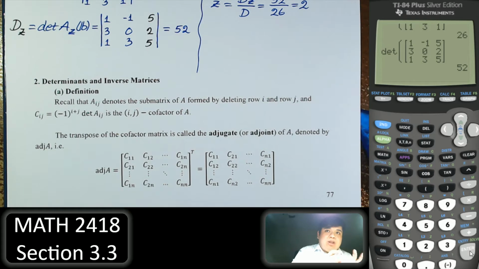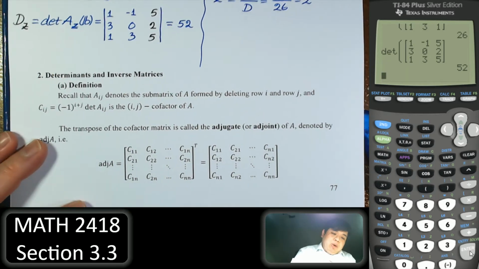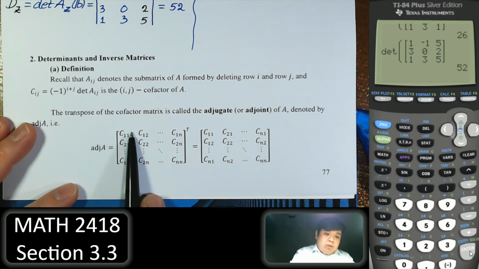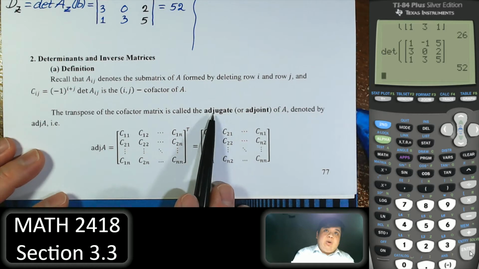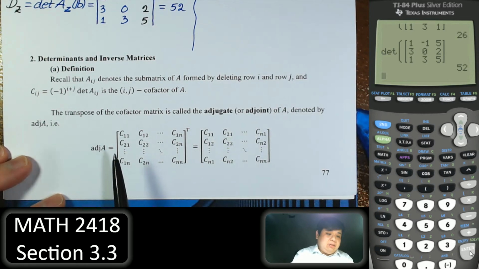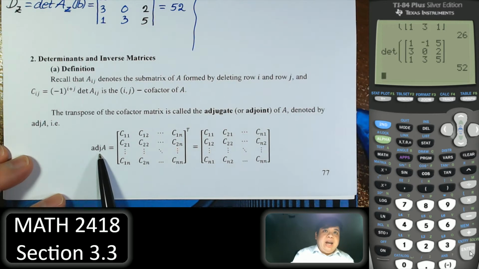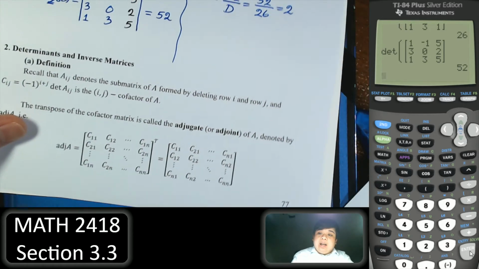So the signs will alternate positive and negative. That's how we define a cofactor. Now, if we put all of those cofactors in a matrix and then transpose it, it is called the adjoint or the adjugate of A, denoted adj A. So all the cofactors and then transpose, and you will see now why it takes a lot of time.